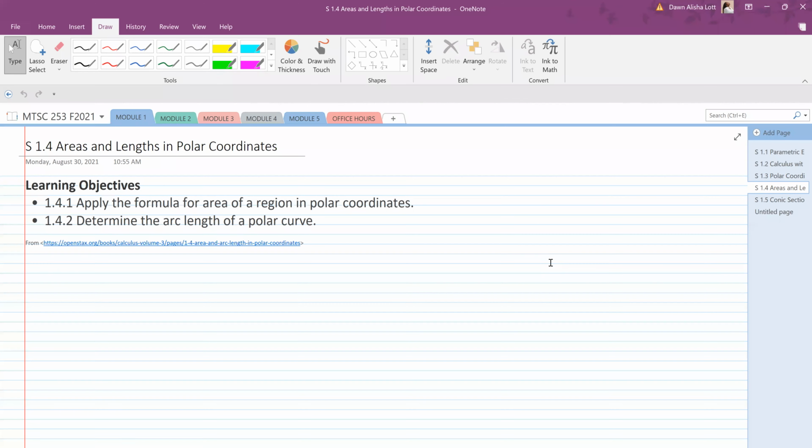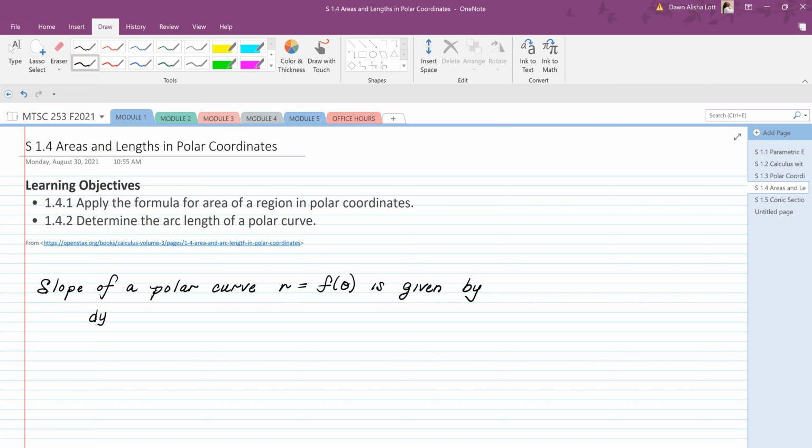I am going to start with a derivative first, so let's start with the slope. So the slope of a polar curve, r is equal to a function of theta, is given by dy/dx, just like before.